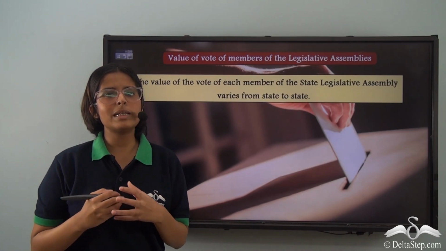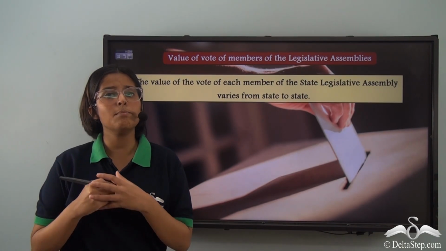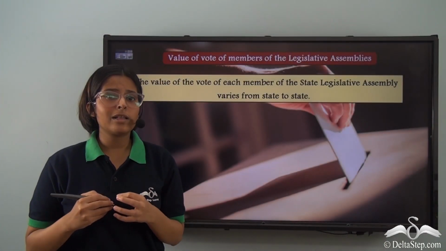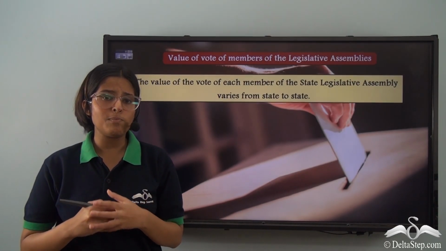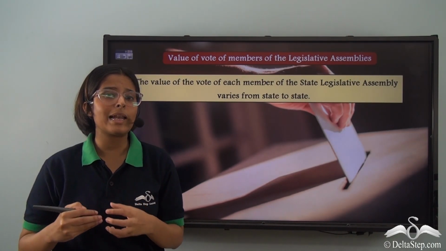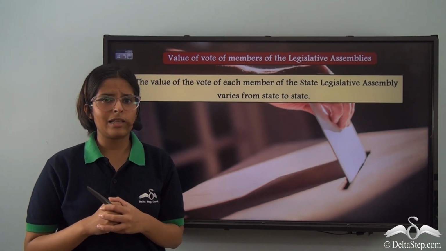So first we'll be discussing how the value of votes of the MLAs, that is the members of legislative assemblies, is calculated. Technically, to calculate the exact number of people an MLA represents, we have to see how many people there are in each constituency. But that is a very difficult calculation.